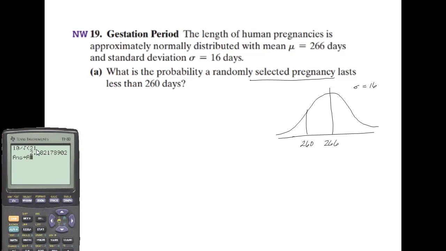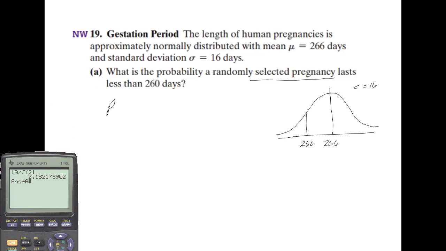So I want to find the probability that x, the length of the pregnancy, is less than 260. Well, if it's less than, that's this area right here. So I'm going to make a z-score. So z of 260 is going to be equal to 260, take away 266, all over 16.